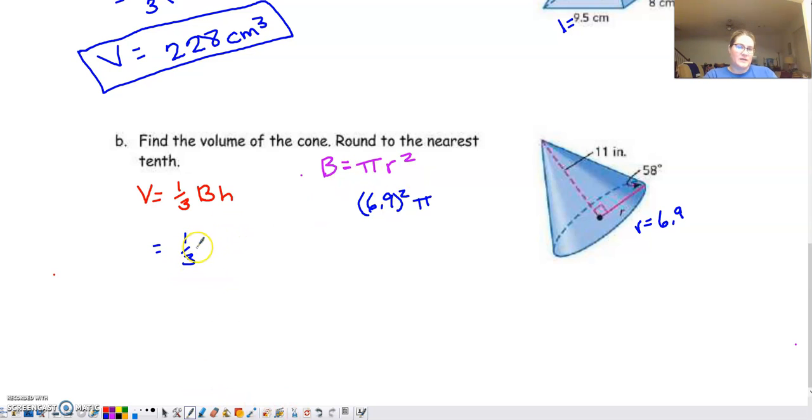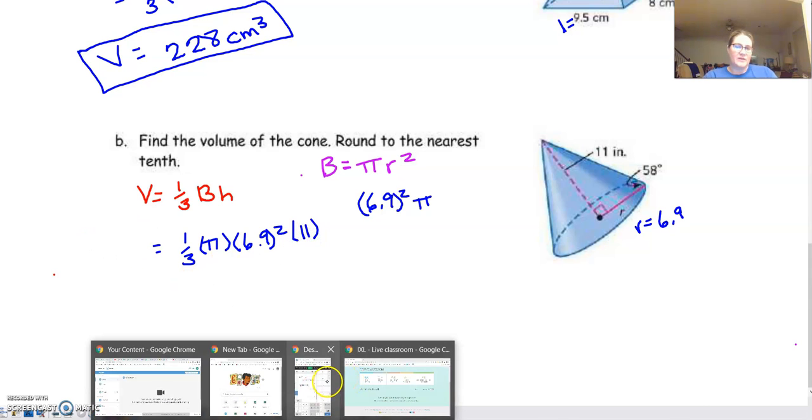So that is times pi times 6.9 squared, then times my height of my cone, which is 11. Oh, not equals 11, times 11. Sorry, I'm getting a little punchy here on the last example. So times 11. And then I can put that in the calculator.